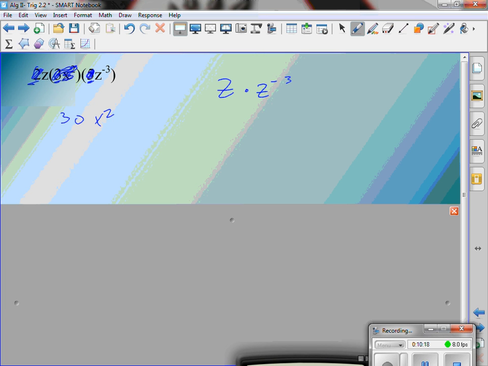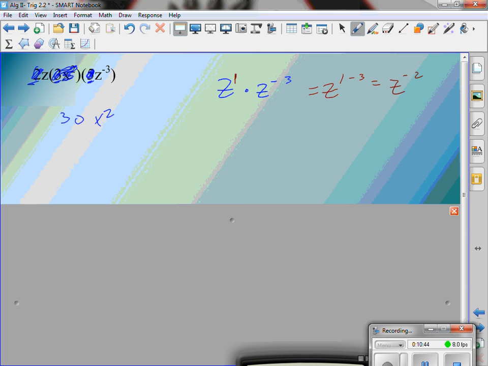What do I do when I multiply things that have the same base? I add the exponents. What's the exponent really here? 1. So I'm really taking z to the 1 plus negative 3, which is, what's 1 minus 3? z to the negative second.